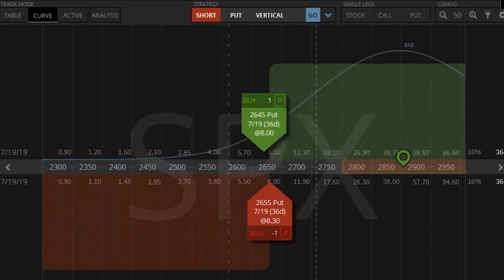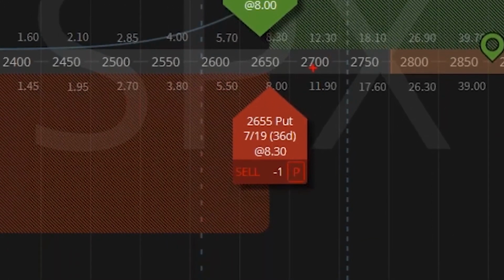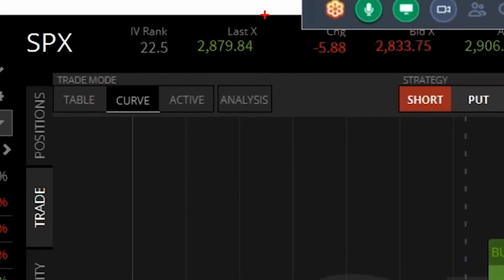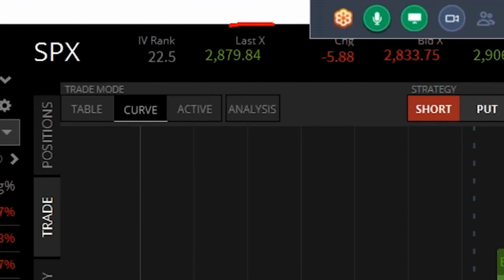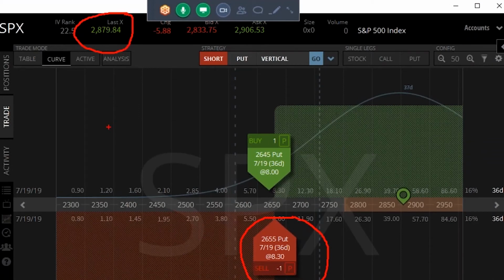All right, so let's break down how far this put is from at the money. So when you're breaking down how far something is from at the money, you have to take the short strike, in this case, which is the 26.55, and you have to subtract it from the last price, what the at the money price is, or the last price of that product or underlying you are trading. And then you divide it by that last price again.